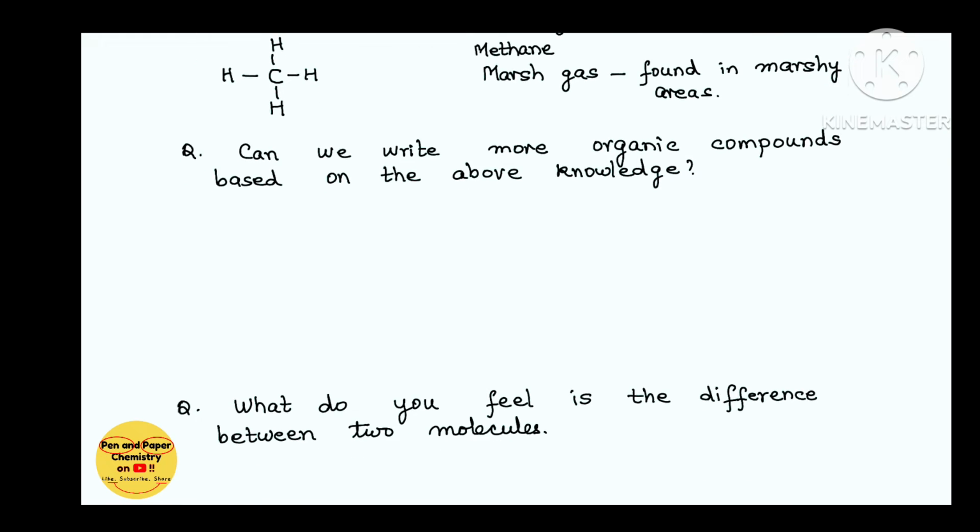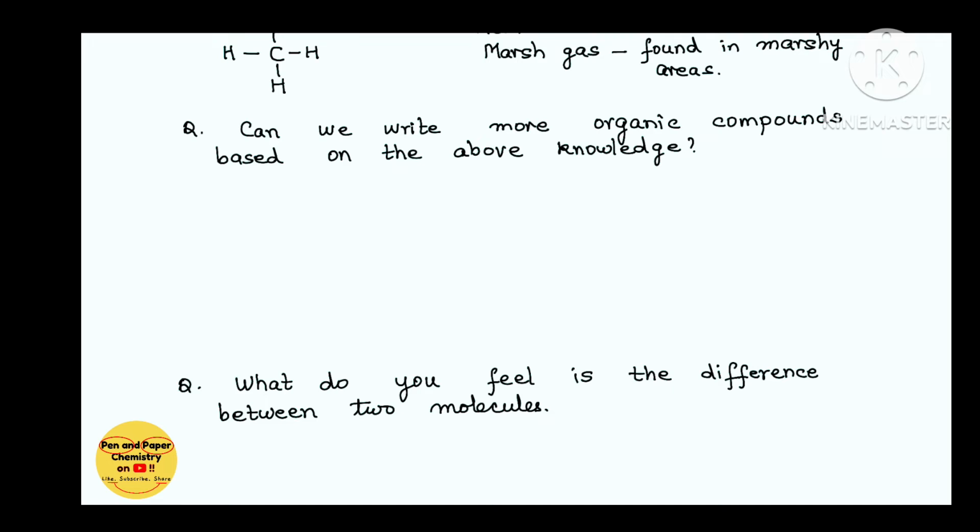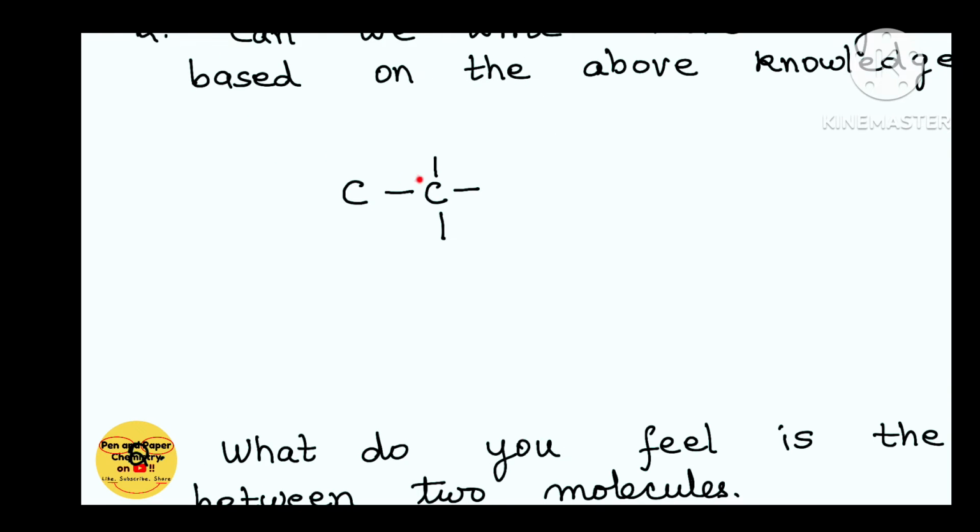Okay, let's try and make more organic compounds. How about if 2 carbon atoms are joined to each other? Now look at how many hydrogens you are going to attach. There's 1, 2, 3, because the 4th bond is already occupied with the carbon. How many such lines do we have to draw? 1, 2, 3.